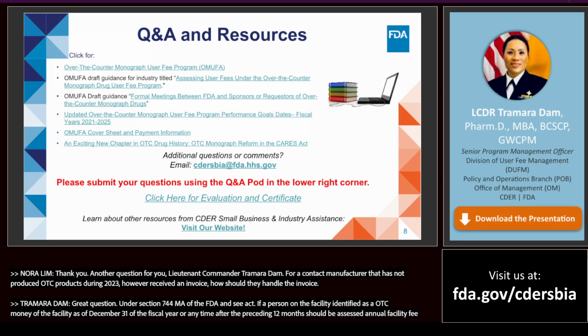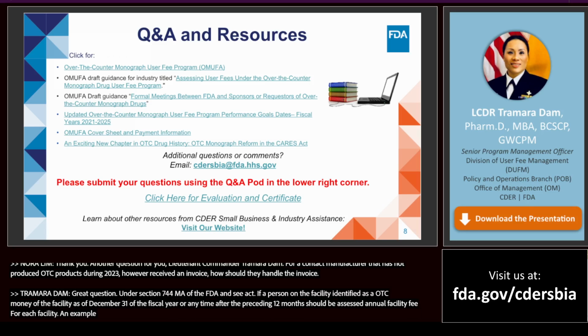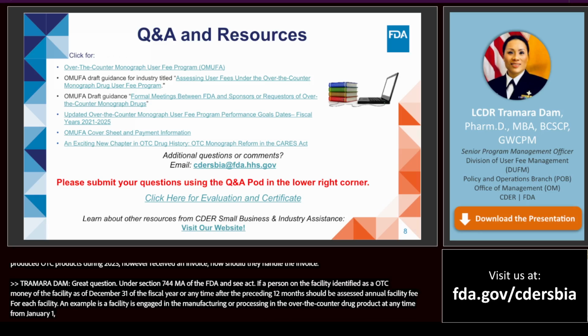For example, if a facility is engaged in the manufacturing or processing of an over-the-counter monograph drug product at any time from January 1, 2023 through December 31st, 2023, the facility will be assessed the FY 2024 facility fee.